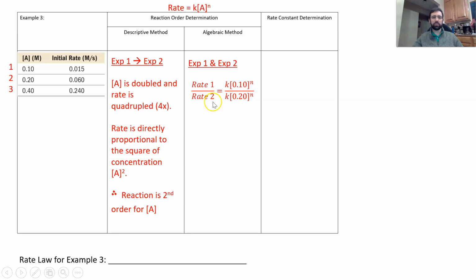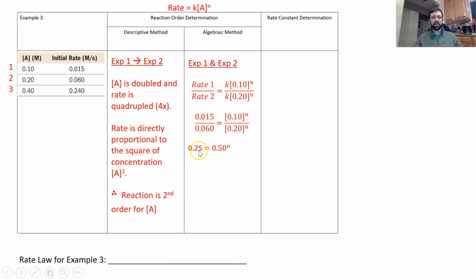So rate 1 over rate 2 equals k times the concentration of 0.10 molar to the n over k times 0.20 molar to the n. All right. And I've just plugged in those rates. Again, my k's canceled out, so I've gotten rid of those in the second step.